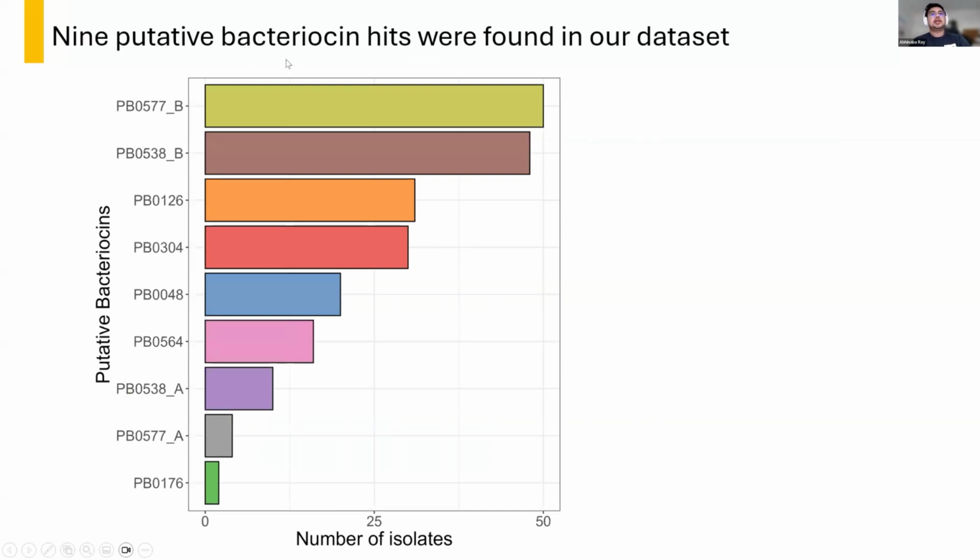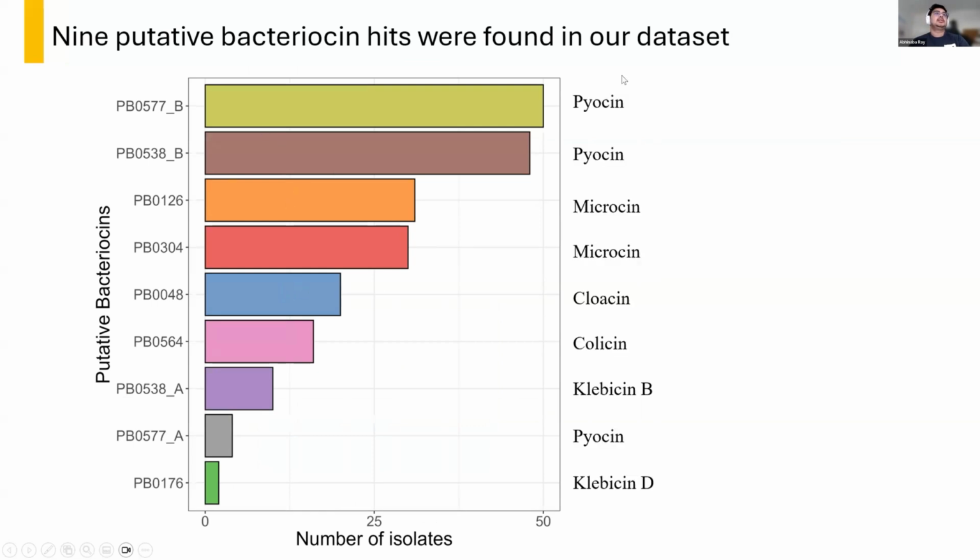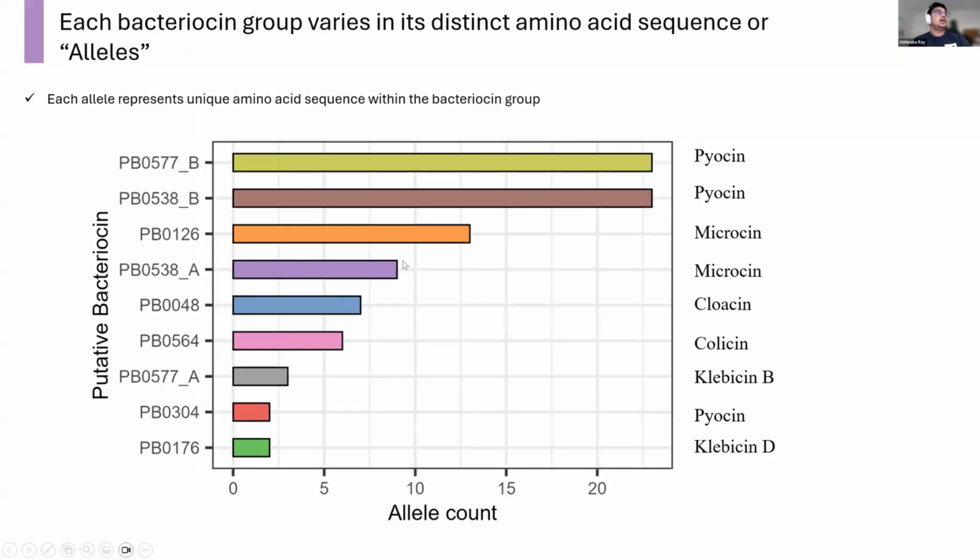There were 9 putative bacteriocins that we found in our data set, and this is the description of the bacteriocin templates that we have used. Mostly, we uncovered cloacins, microcins, and pyocins. Then we looked at the unique amino acid sequences.